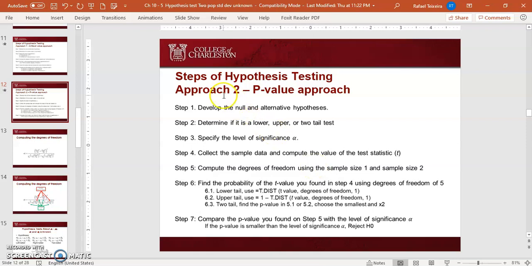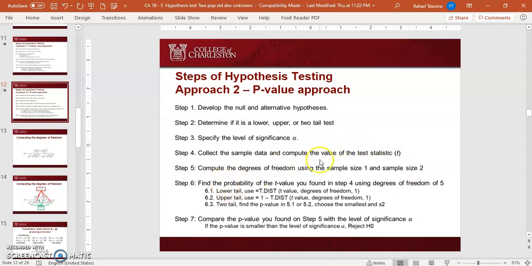For this video, using the p-value approach, it's the same thing: develop the null and alternative hypotheses, determine if it's a lower, upper, or two tail, specify the level of significance. In this case, for the p-value, you don't have to do any other computation, and then you collect the sample data and compute the value of the t-statistic. That's the same step. And then you compute the degrees of freedom, the same step as before.